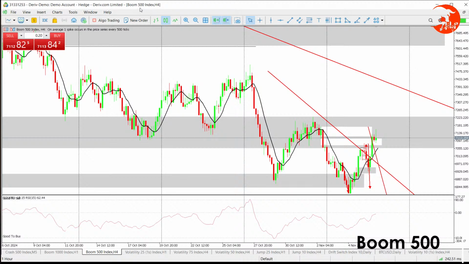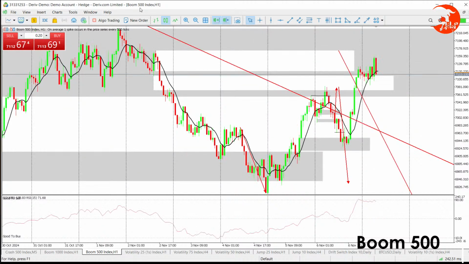So why did I look for that order block? I was looking for the order block. I had not seen the fair value gap on H1. Alright, that's why I missed it. So I had missed that fair value gap. For me to look for this move, I was looking at a retest back to this order block, but I had missed the fair value gap.